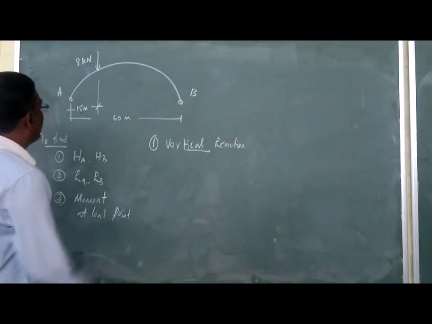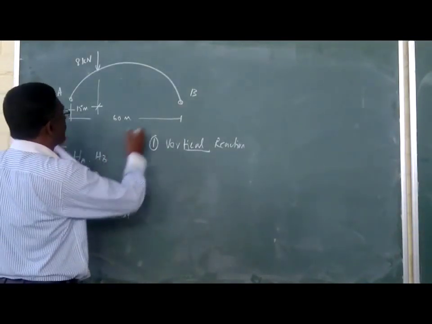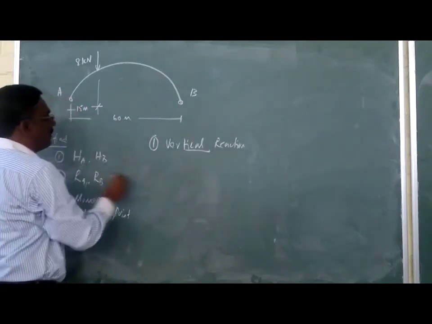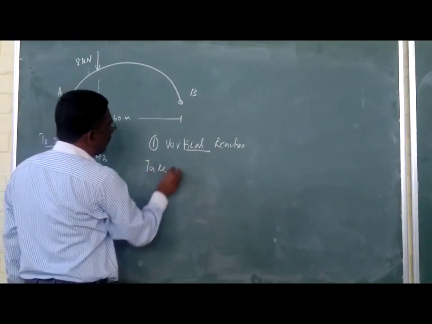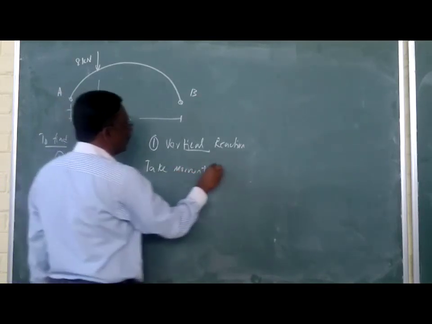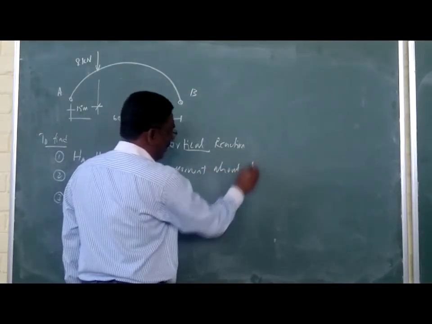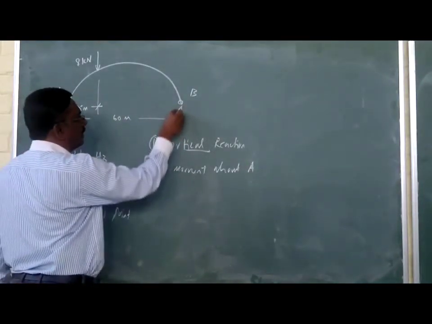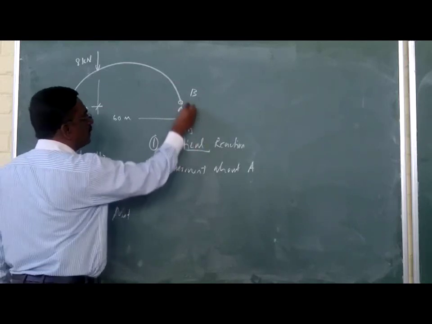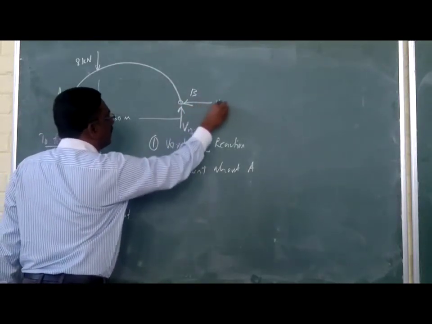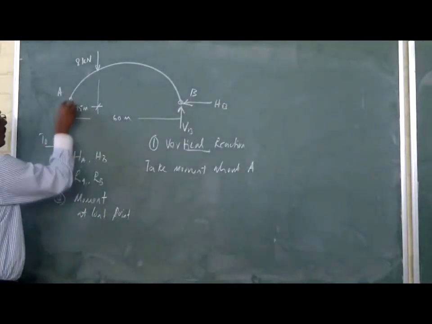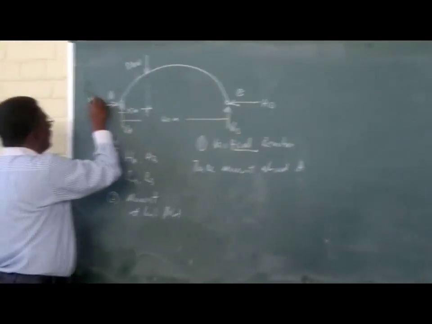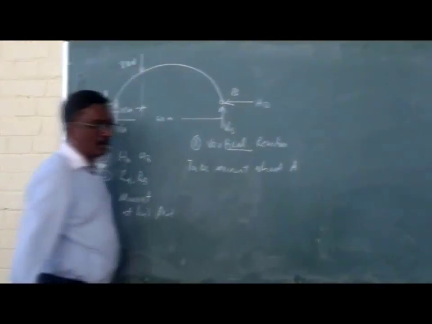To find out the vertical reaction, let us take moment of all forces about A. The first forces are the vertical reaction at B and horizontal reaction at B. Other forces are the vertical reaction at A, horizontal reaction at A and the applied downward load.